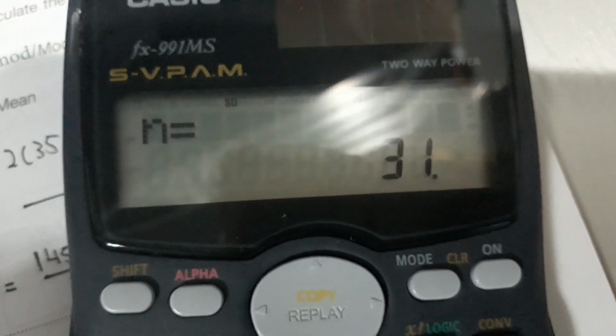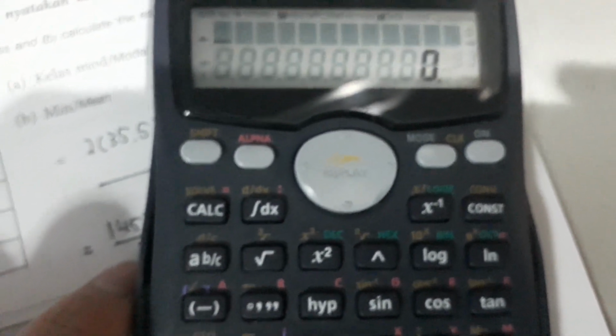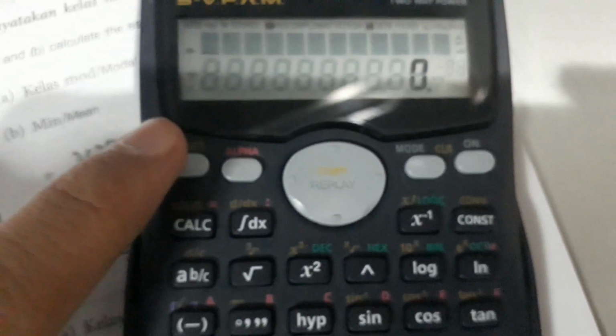So this is your final answer. Now you just press this to get back to the normal space. If you want to check your answers, you can see by pressing shift, and then you press 1.